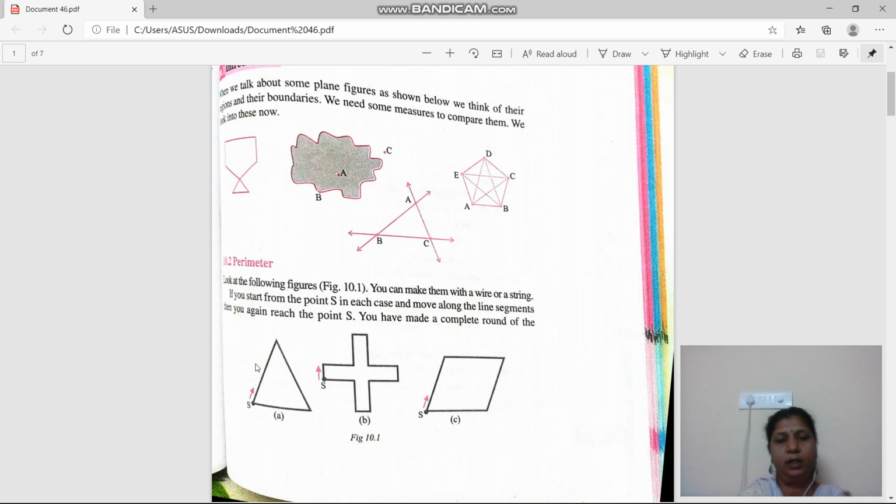So the total distance traveled by me is the perimeter. Get it?